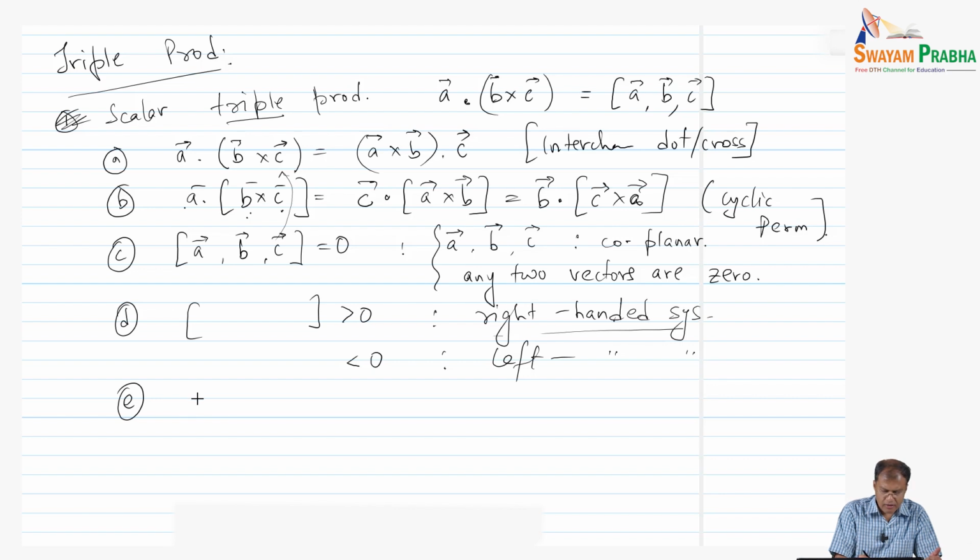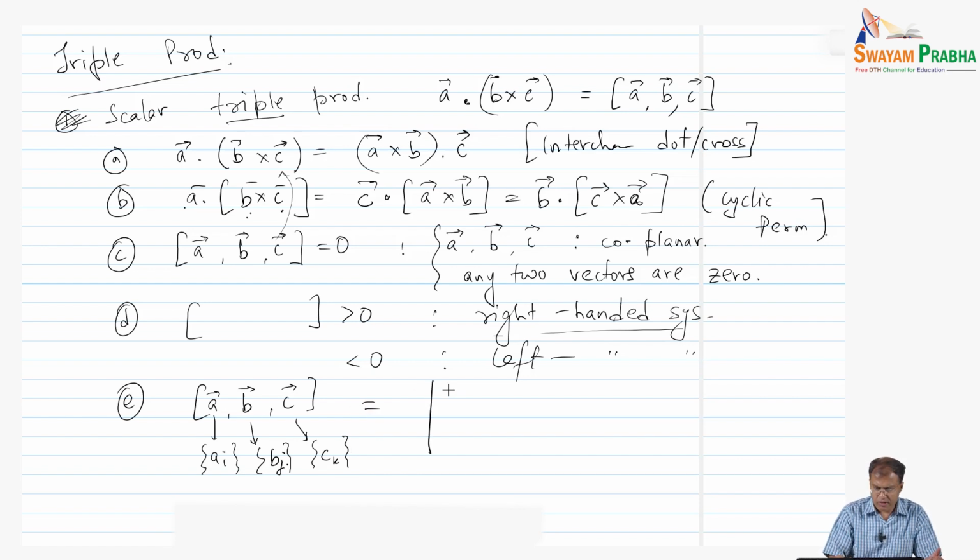Suppose we have A, B, C, and each of these are vectors with components: A with components A1, A2, A3, B with B1, B2, B3, and C with C1, C2, C3. The scalar triple product is then equal to the determinant of A1, A2, A3, B1, B2, B3, C1, C2, C3, right?